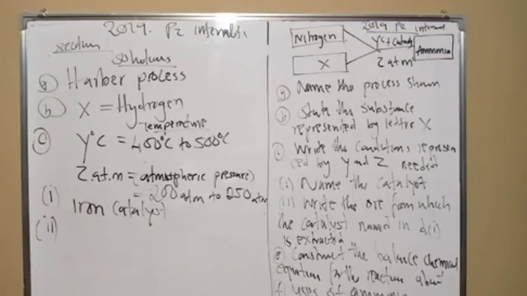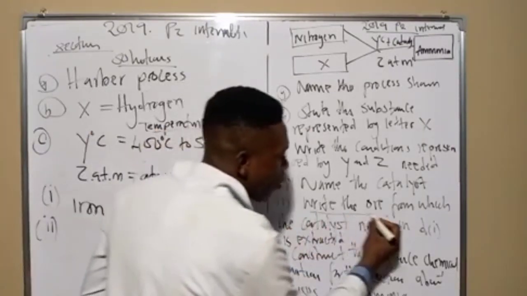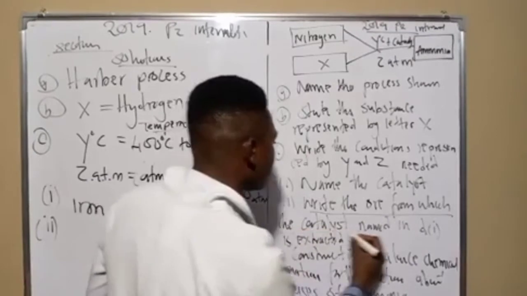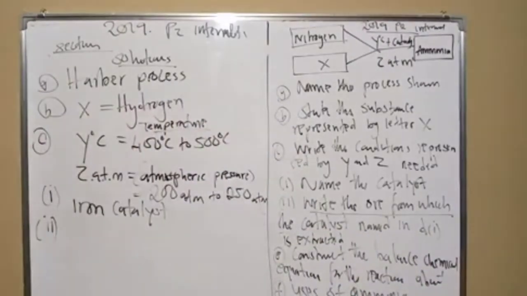This is the question. Write the ore from which the catalyst is prepared.